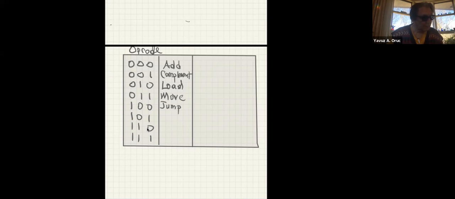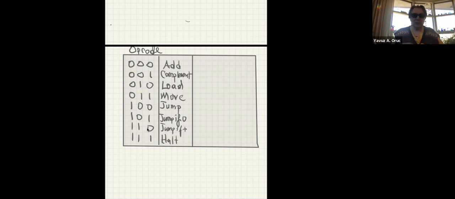And then jump if 0. And then jump if positive. And then halt. Okay. So that's how my machine is created.